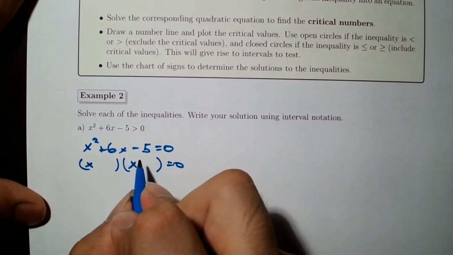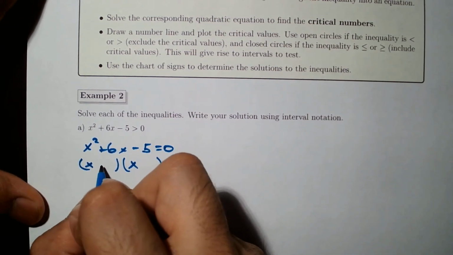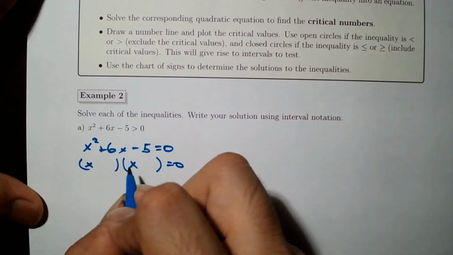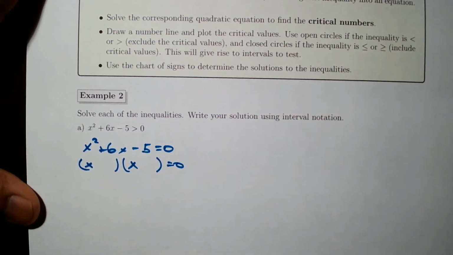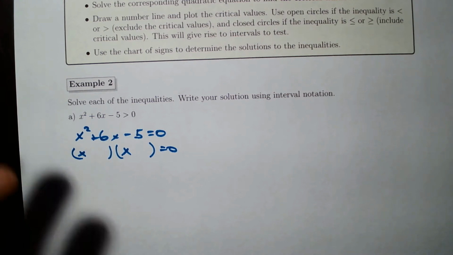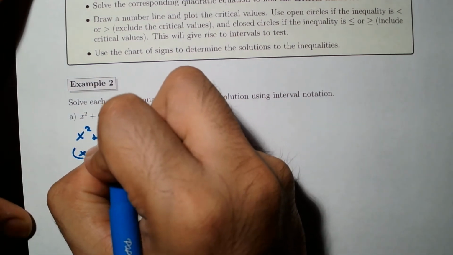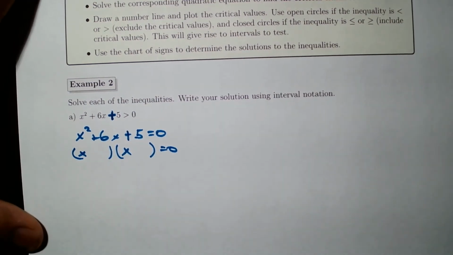So, factors of -5 that add up to 6. Hold on, did I make a typo here? Let me check. I'm afraid I did. So I believe this should be a plus. Otherwise, it's not going to work. There's a little typo here. Change it to a plus.